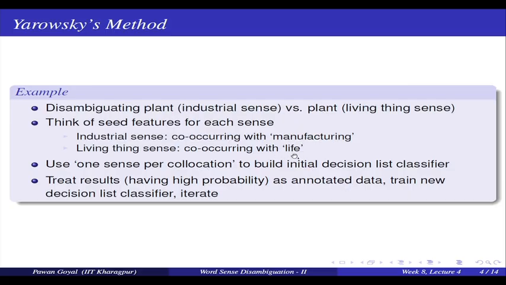Similarly, if the word plant occurs with life, it will have the living thing sense. So this becomes my decision list classifier. I check simply if the word plant is occurring with manufacturing or life. If manufacturing, it is sense 1, if life, sense 2.